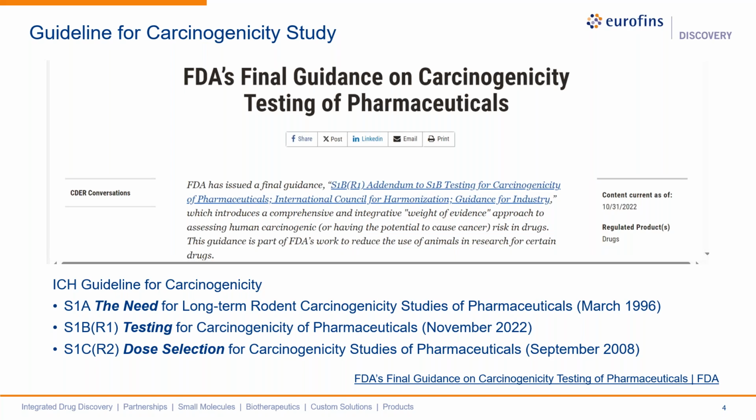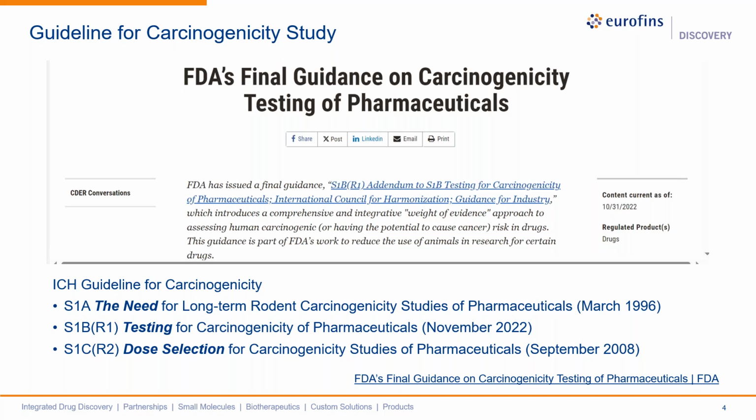The slide also highlights 3 key ICH guidelines for carcinogenicity. S1A covers the need for long-term rodent studies by defining conditions based on treatment duration and other clinical aspects of the drug. S1B is our major topic today.